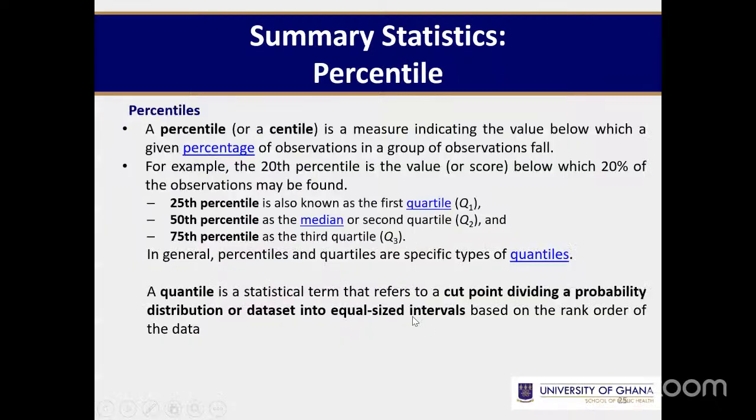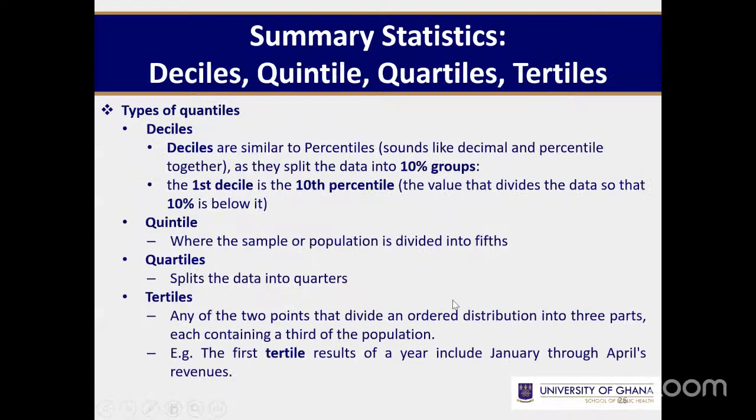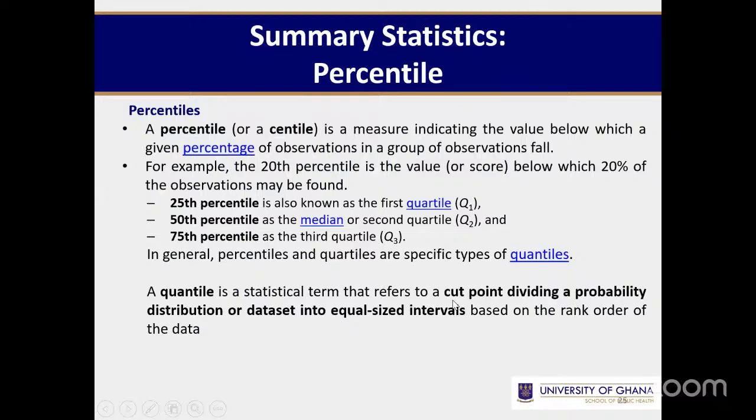When we say something is a percentage or percentile, it simply means that we have divided the group into 100. So we say the 20th percentile is the value or score below which 20% of the observations can be found.